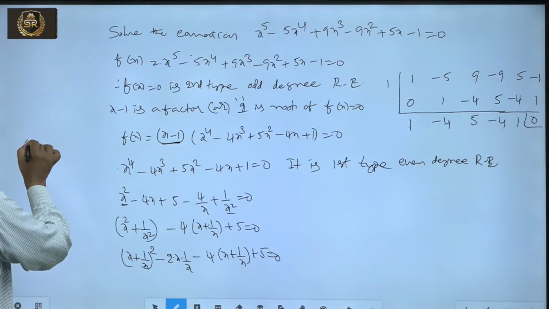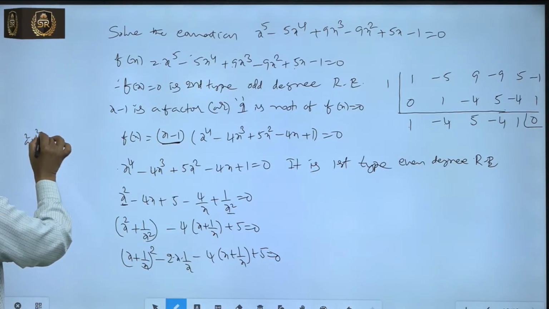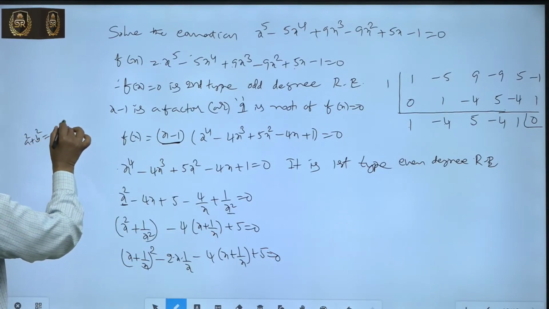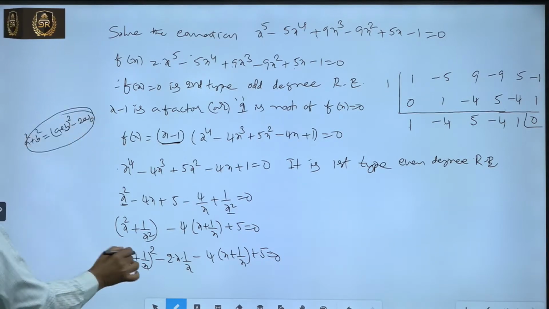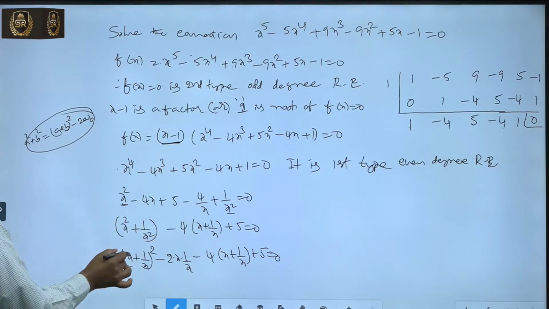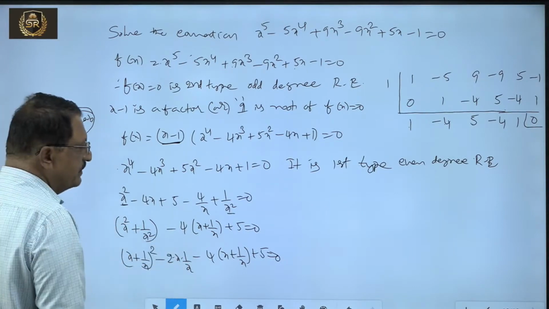Because a square plus b square equals a plus b whole square minus 2ab.